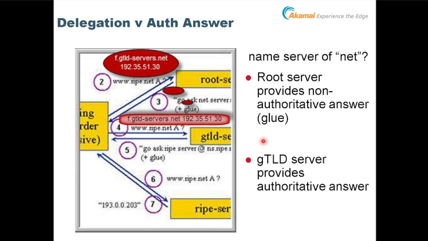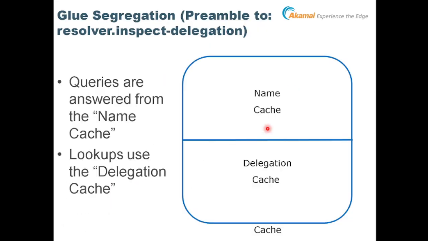So that's a long answer to what's the difference between the delegation cache and the name cache. And one last remark I'll make about that. Another way to think about the delegation cache: you know how we have preloads, permanent cache entries in the name cache?